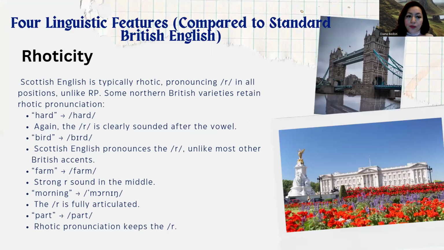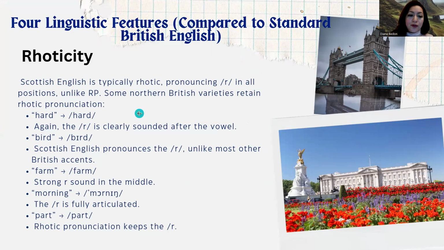We have four linguistic features compared with standard British English. Rhoticity: Scottish English is typically rhotic, pronouncing the R sound in all positions, unlike RP.